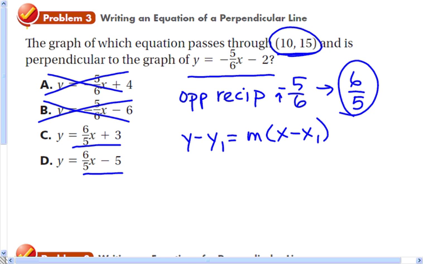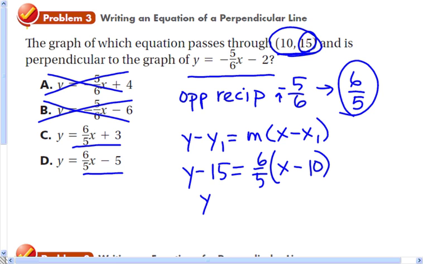And so we're going to substitute for y1, 15. We're going to substitute 6/5 for the slope, and we're going to substitute 10 for x1. And then we're just going to simplify this by using the distributive property. 6/5 times x is 6/5 x, and 6/5 times 10.